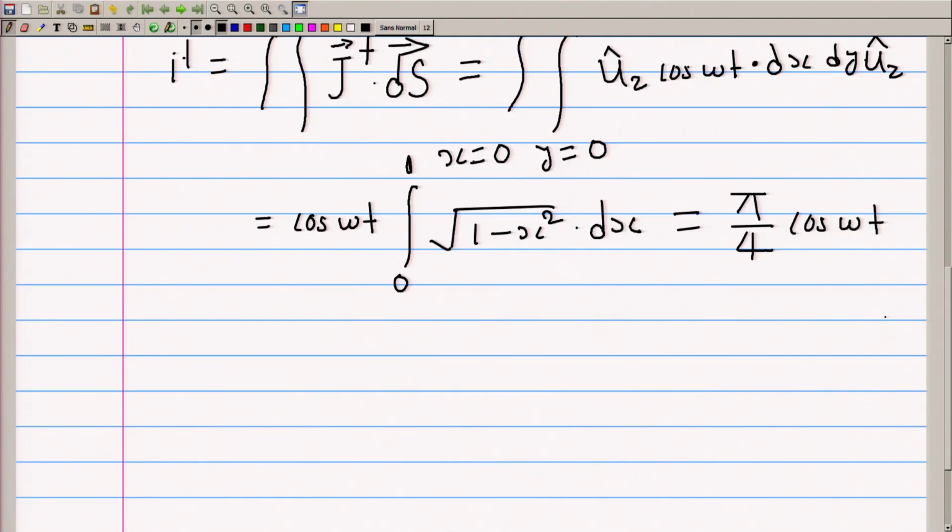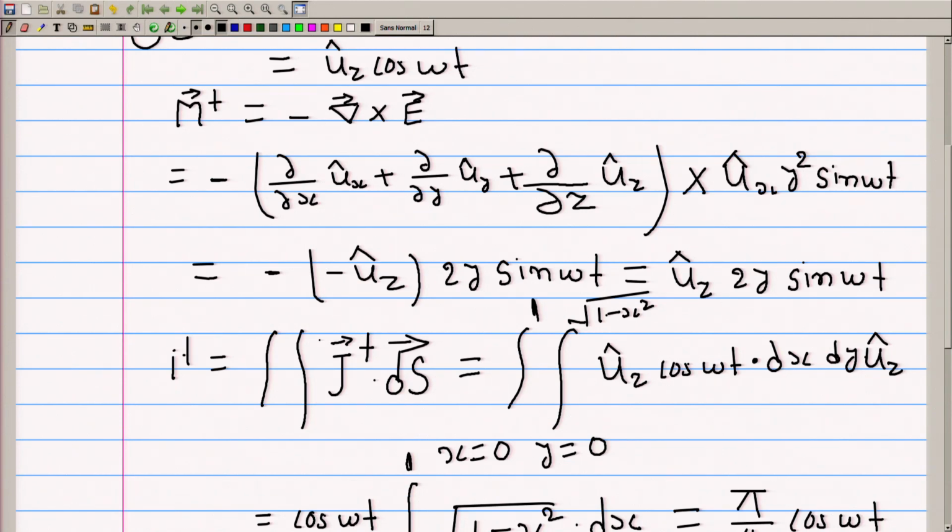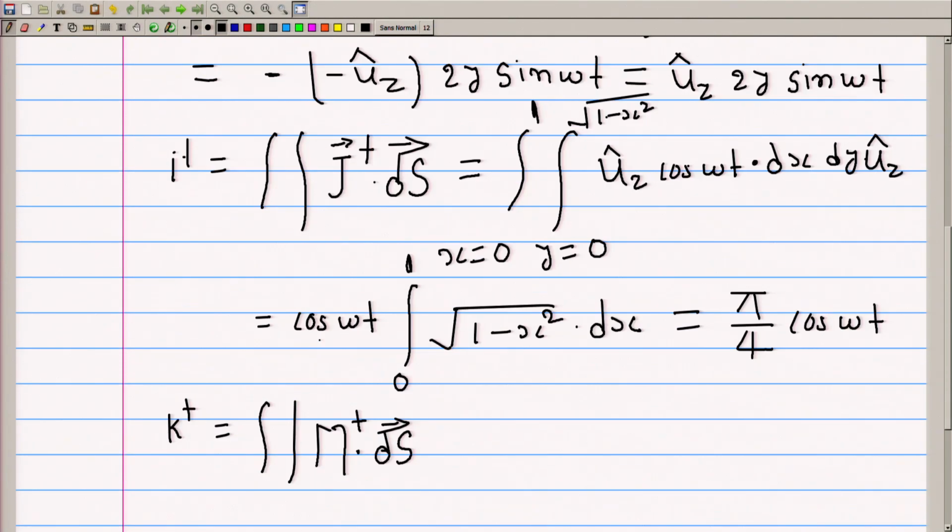Similarly, we can find out the magnetic current Kt. Magnetic current Kt will be the double integral of Mt dot product with ds. In the similar way, the Mt value is uz 2y sin omega t.